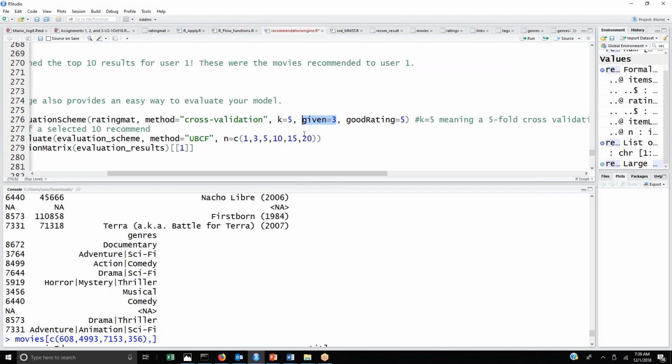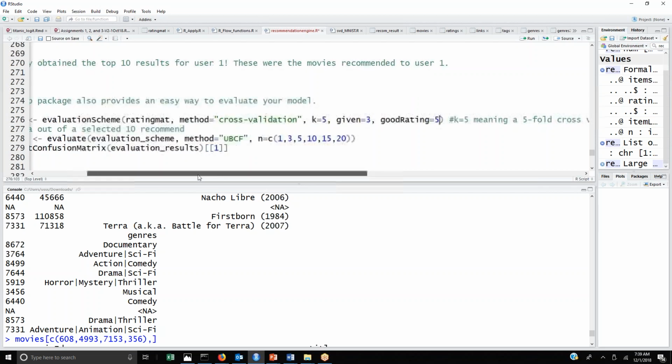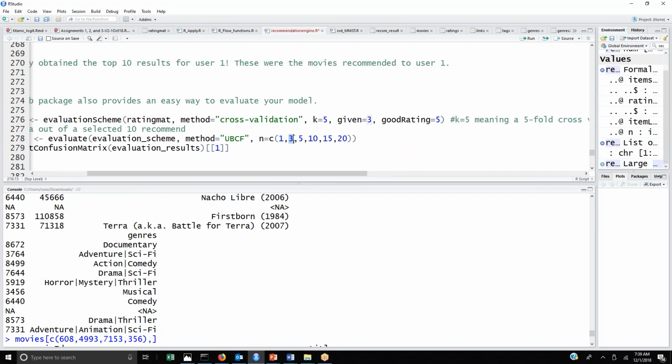So we use all movies other than 3, and we keep 3 as if we don't know them. Good rating means 5. Using this, we predict and then evaluate using 1 movie, 3 movies, 5 movies, 10 movies.